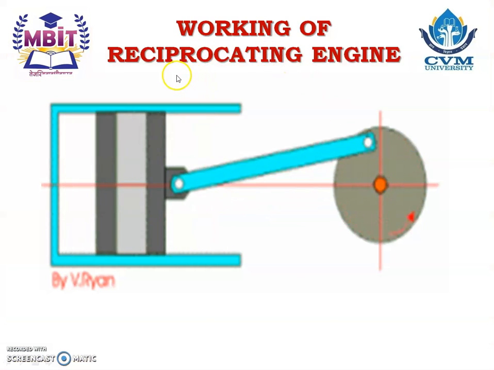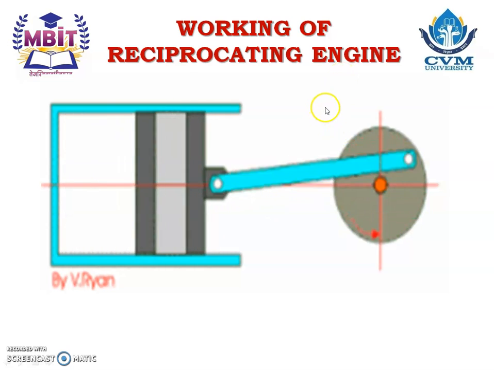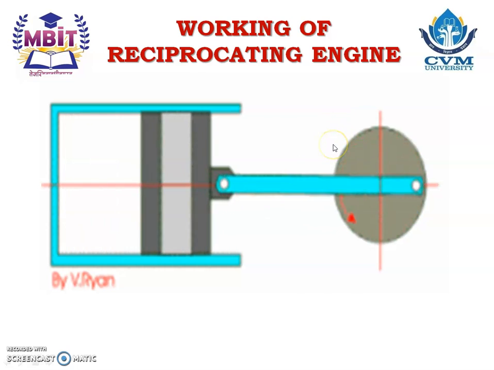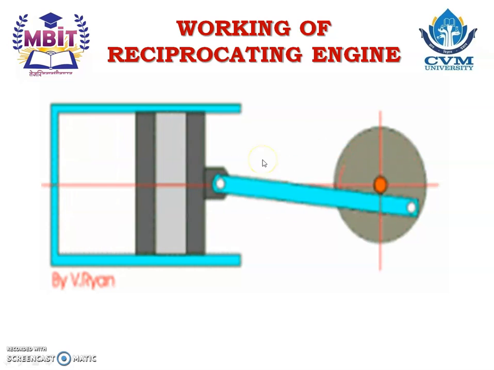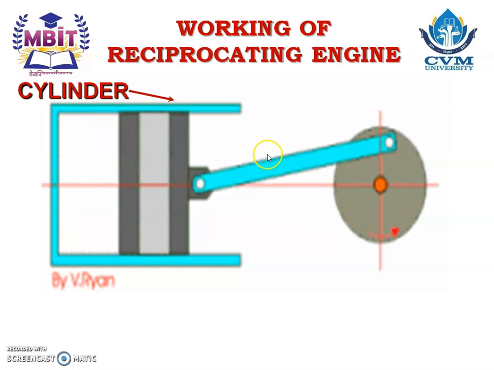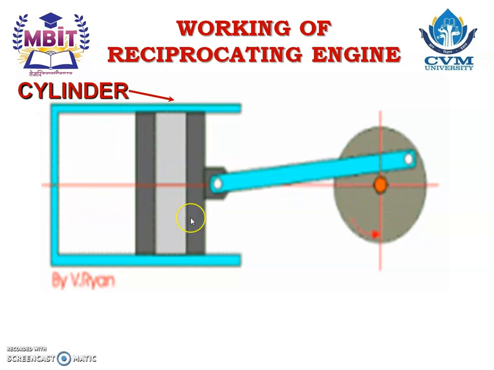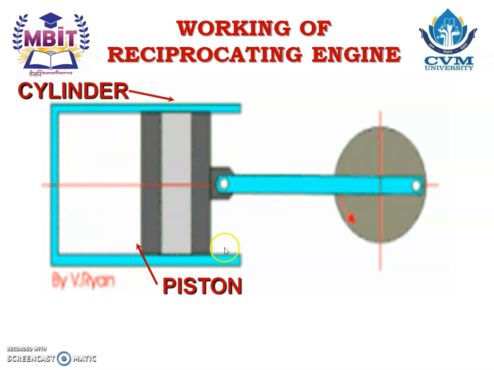Now this is the working of the IC engine, that is the reciprocating engine. So all IC engines are reciprocating type engines. It means it has a reciprocating motion like this. The main part of the reciprocating engine is the cylinder, which is fixed. There is a piston which reciprocates inside the cylinder.